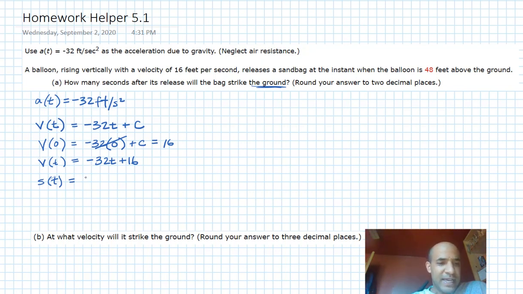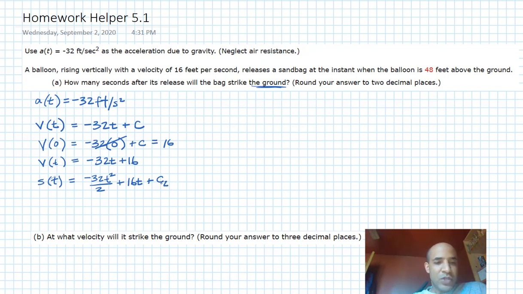So it'll be negative 32 t squared divided by 2, right? We're doing the antiderivative. You raise the exponent. It was t to the first. You raise it by 1 and then divide by that new exponent, plus 16t plus another constant. Now I'm going to say plus, I'm not going to put c again because I don't want people to be confused with this one. It's going to be a different c, so maybe I'll put like c2 just to keep them different, right?